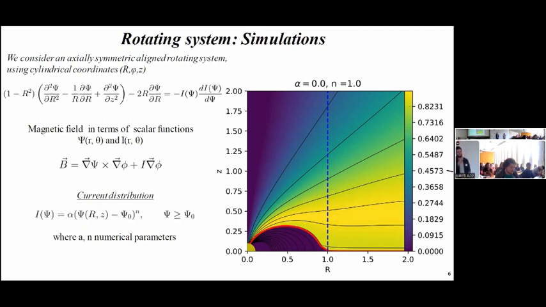What happens in reality, as Kyle's simulations suggest if you use a different approach, is that the outer parts of the closed magnetic field lines reconnect, release the twist, and then the current sheet extends almost up to the light cylinder. That is a consequence.